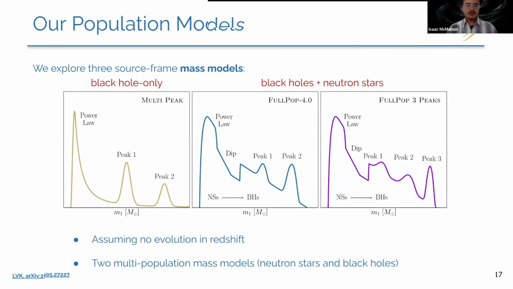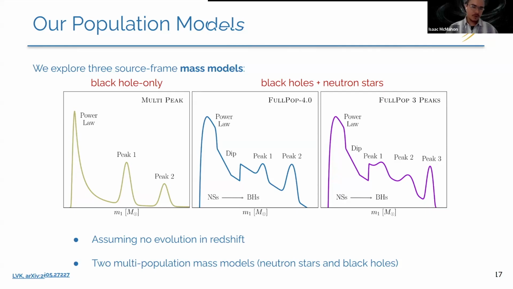One important thing to note is that we assume no evolution in redshift for these mass models, which means that the shape of the mass distribution does not change as you go away in distance. This is because there were some studies previously done that suggested that there is no evolution in the mass distribution. So we make this assumption just to make things easier, but we also expect that it's not a significant effect if it does exist at all.